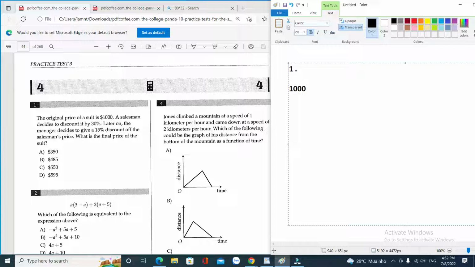Because we want to discount 30%, the price becomes 100 minus 30 over 100, so we multiply by 70% of the original price. Then they gave another discount of 15% off the salesman's price, so we multiply by 85%, that is 100 minus 15%.